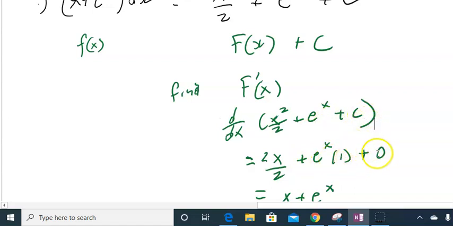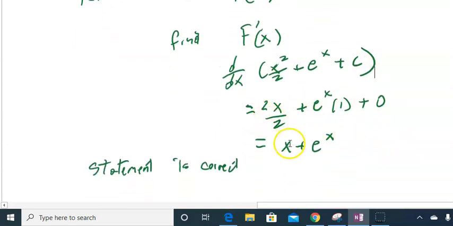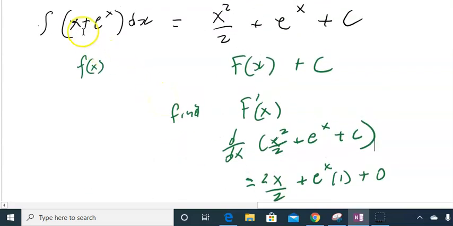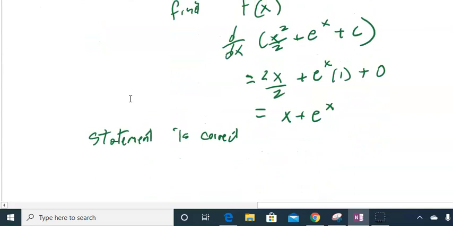And then the derivative of C is 0. So this simplifies to give you x plus e to the x, which is what we wanted to show. We got x plus e to the x as our lowercase f of x. So the statement is correct.